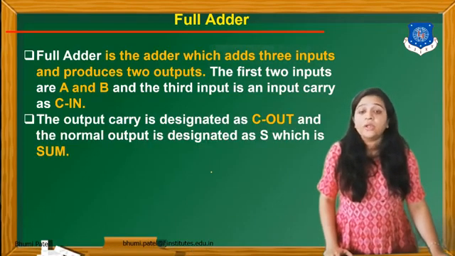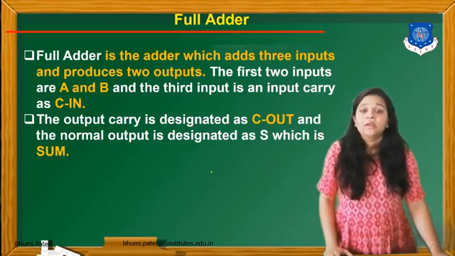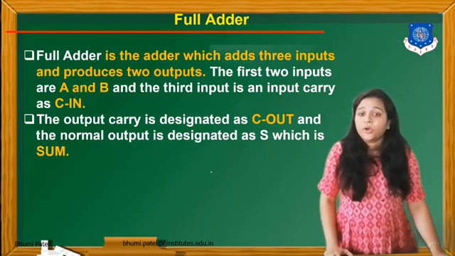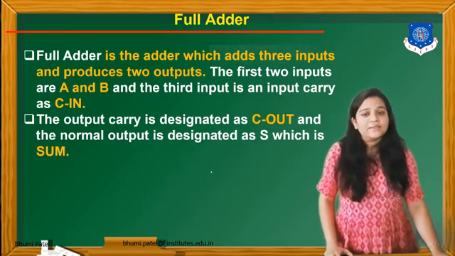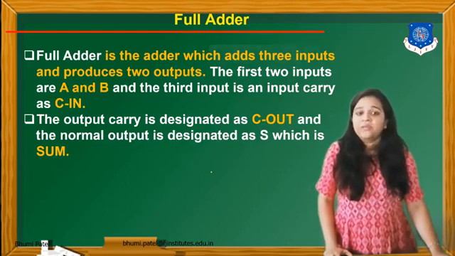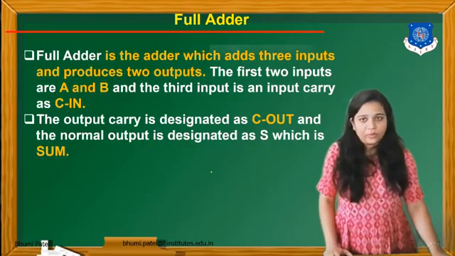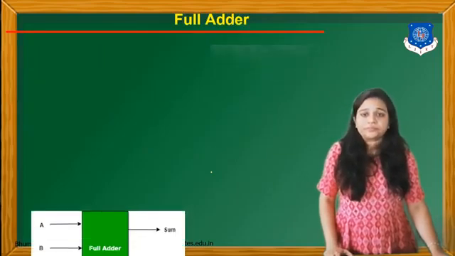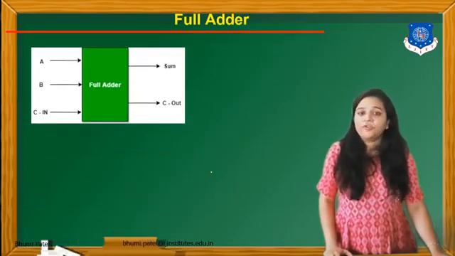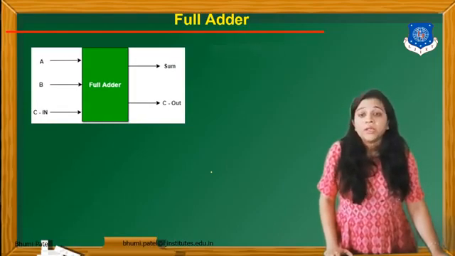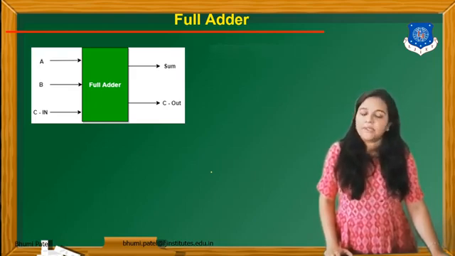Now the output carry is designated as C out, and the normal output is designated as a sum, which is known as the S. Okay, so this is the schematic diagram of the full adder. Here you can see that we can take three inputs A, B and C in, and we can get the output sum and C out.